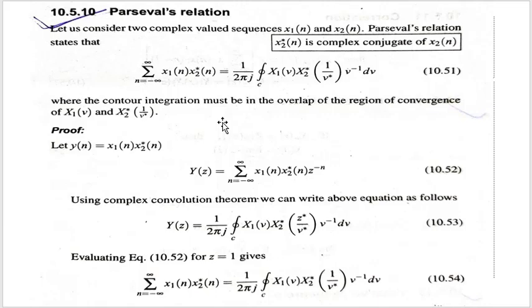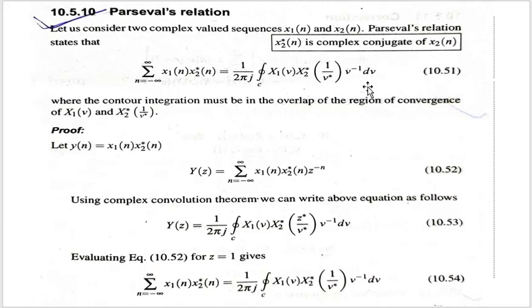Parseval's relation states that the summation n equal to minus infinity to infinity of X1 of n and the conjugate of X2 of n, will be equal to 1 by 2 pi j times the contour integral over the circle C of X1 of v, X2 conjugate of 1 by v conjugate, into v inverse dv.